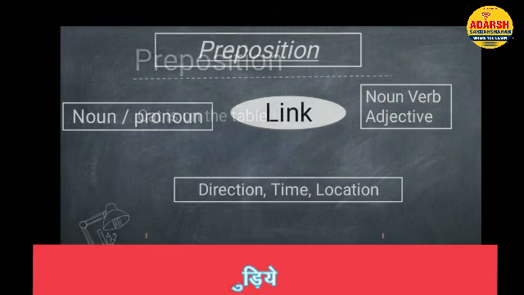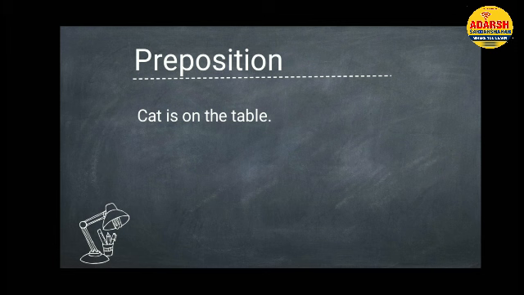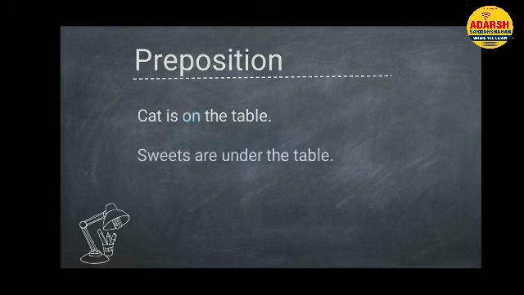Now let's see some examples. Cat is on the table. Here it is a link between cat and table. So the word which is being a link between cat and table is on. So on is a preposition here. Next example is sweets are under the table.